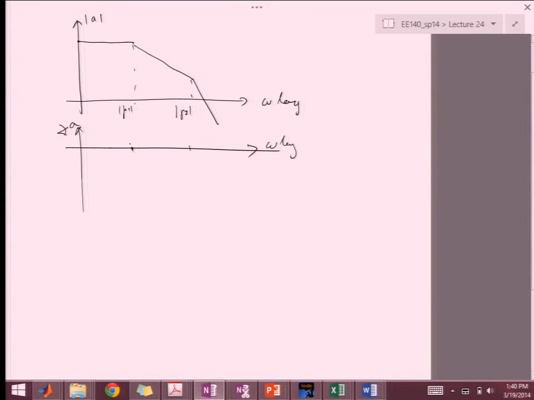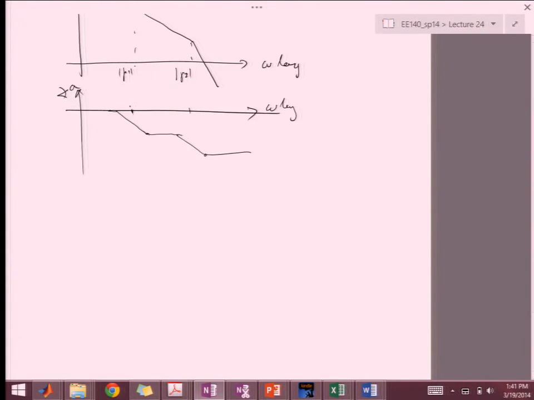So the first pole drops the phase down, and then another pole will drop it another 90. This is an approximation. Obviously, it really is going like this, and then asymptotically getting to minus pi.